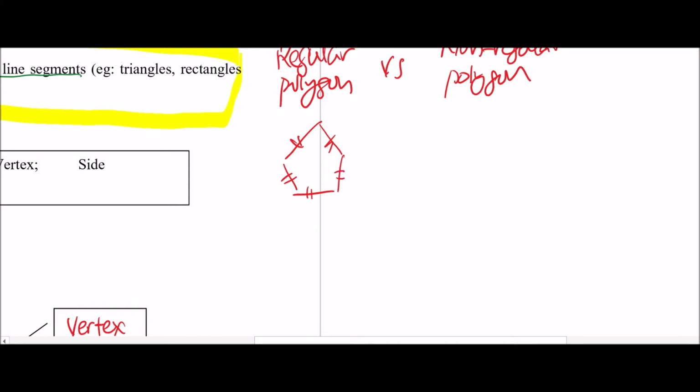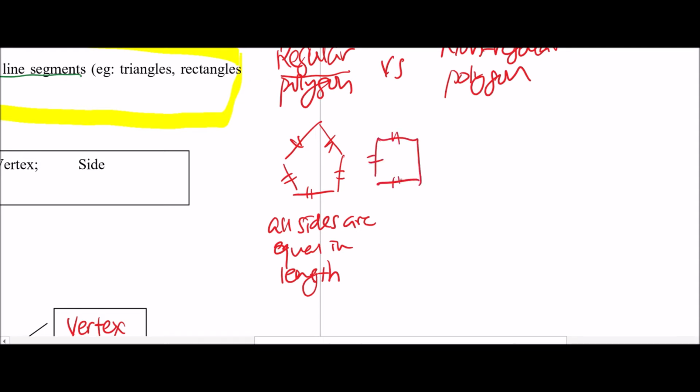By definition, a regular polygon has all sides equal in length. Pardon the handwriting again. For instance, a square is a regular polygon, since it has all four sides the same, but a rectangle is not, as you can imagine.